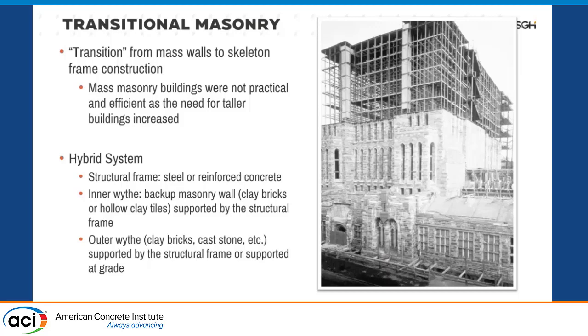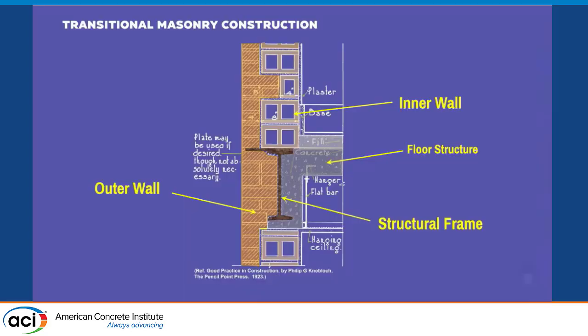And as I said, transitional masonry is a hybrid system, which consists of the structural frame, which could be of reinforced concrete or steel. We are allowed to talk about steel structures, I guess. Yes. And masonry facade, which consists of an inner wythe and an outer wythe, which is more clear here. This is a photo from an old detail from a building.